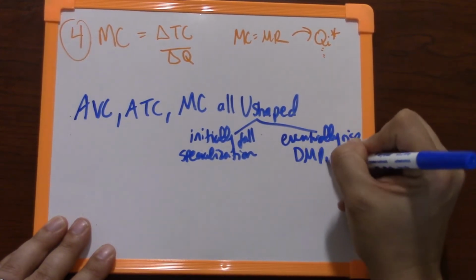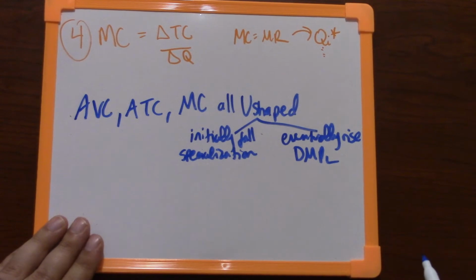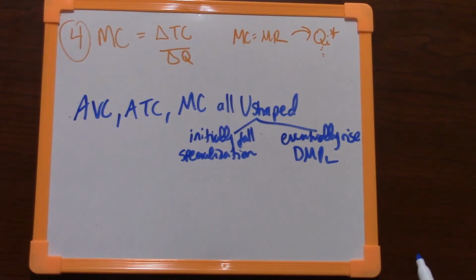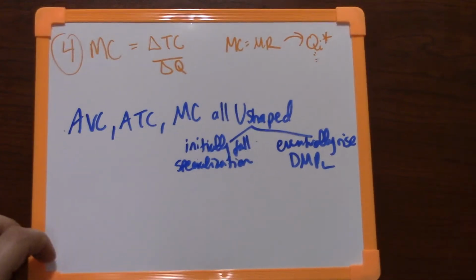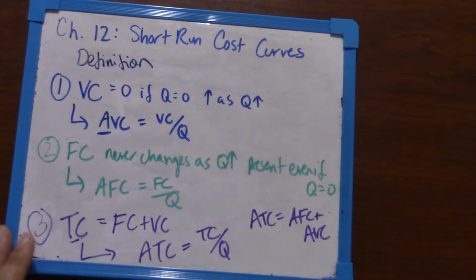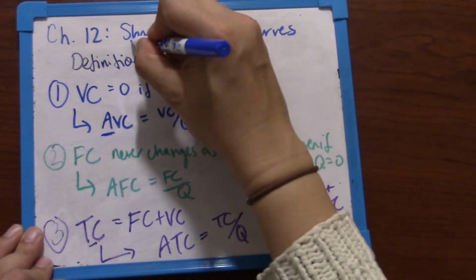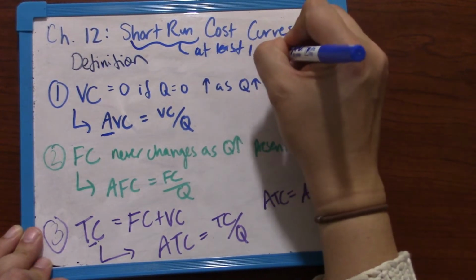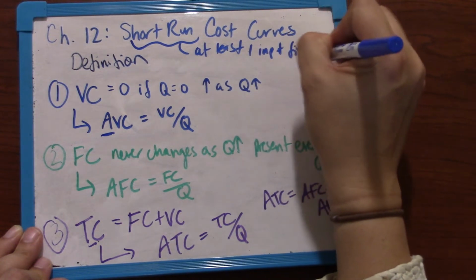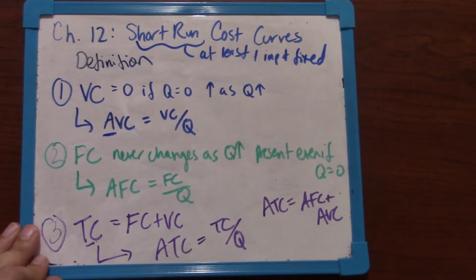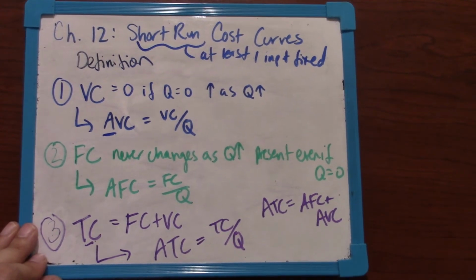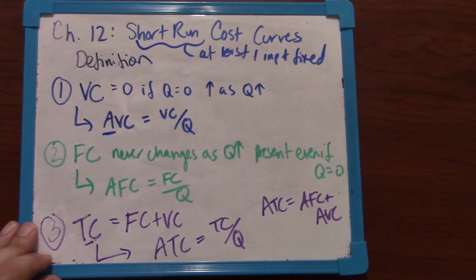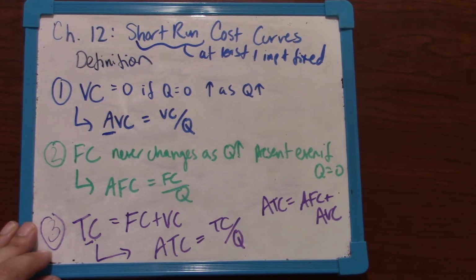because of diminishing marginal product of labor, right? So our story about in the short run, when capital is fixed, remember these are all short run cost curves, and the short run means that at least one input is fixed. So when the amount of cars you have is fixed, as you add more and more workers, they just get in each other's way, or the amount of hours you have in the day are fixed.